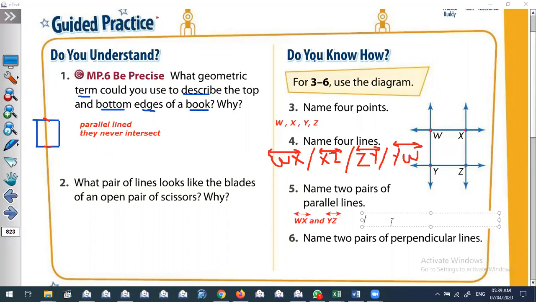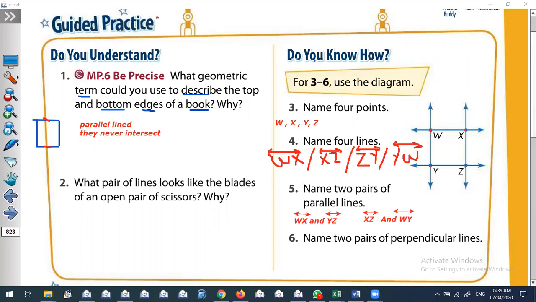So I can say line XZ and line WY. They never intersect.